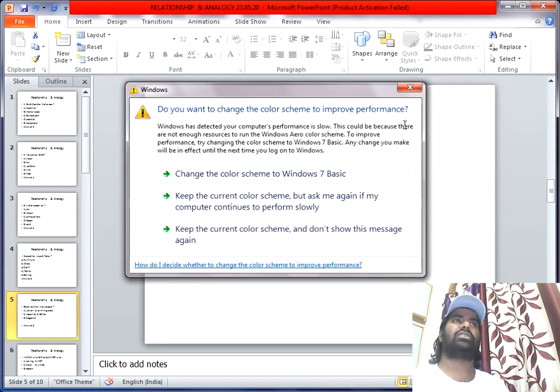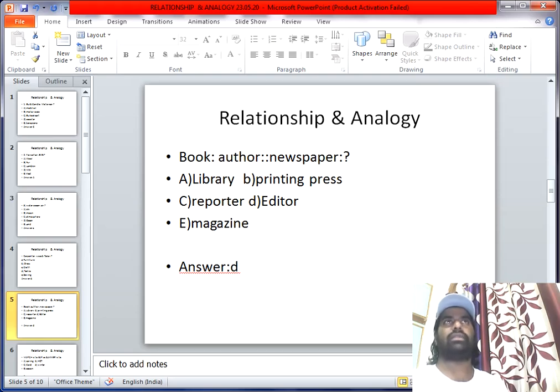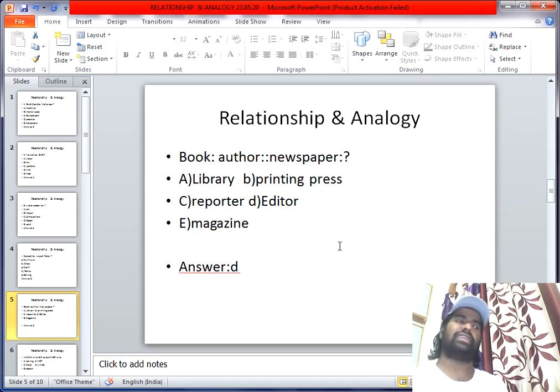Reporters might report, but they're not going to control or write. There are certain times that copywriters will write, but that might not apply here. So the right answer will be editor, as I have told you.